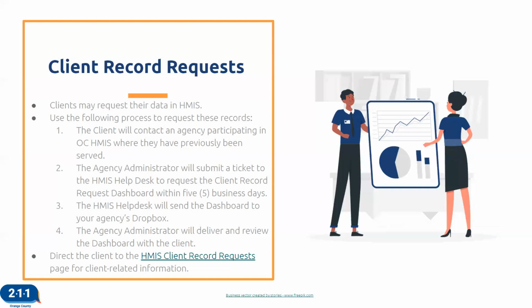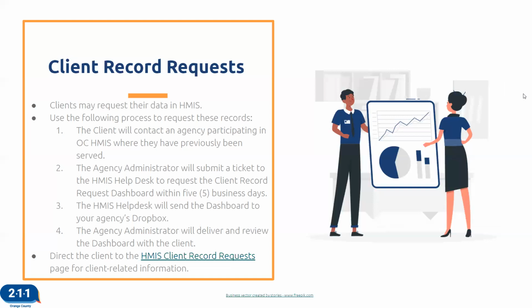A process has been put in place to secure this information for the client using the following steps. So first, the client will contact an agency participating in OC HMIS from whom they've been previously served. Please do not direct clients to contact 211OC directly.